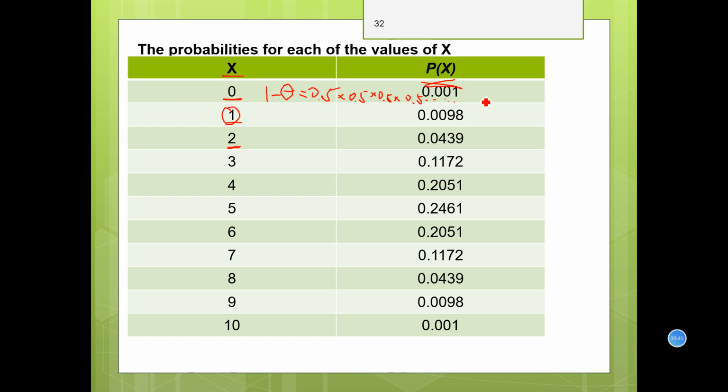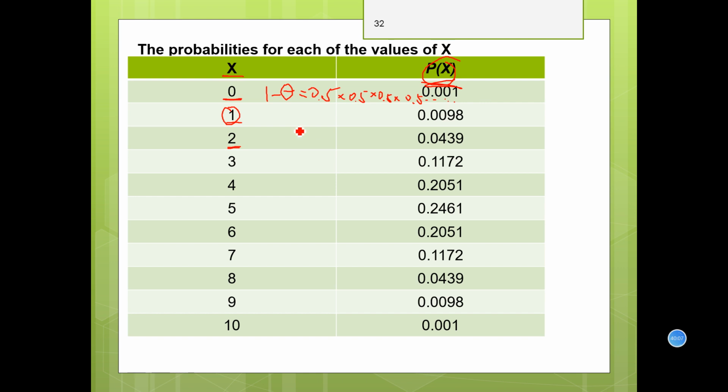So it's the product of 10 0.5s. So the probability is 0.001. So that is the probability when x equals 0.